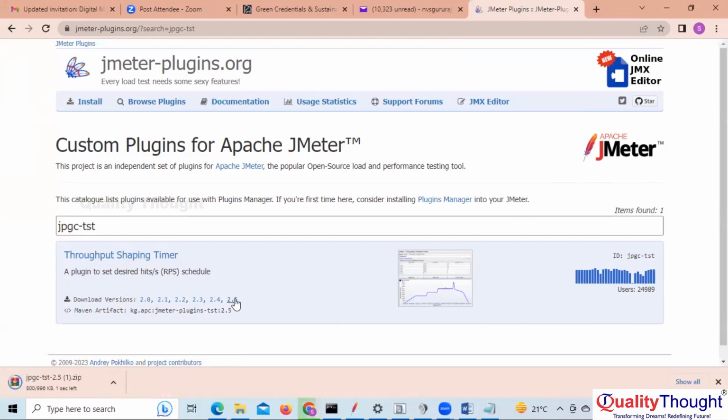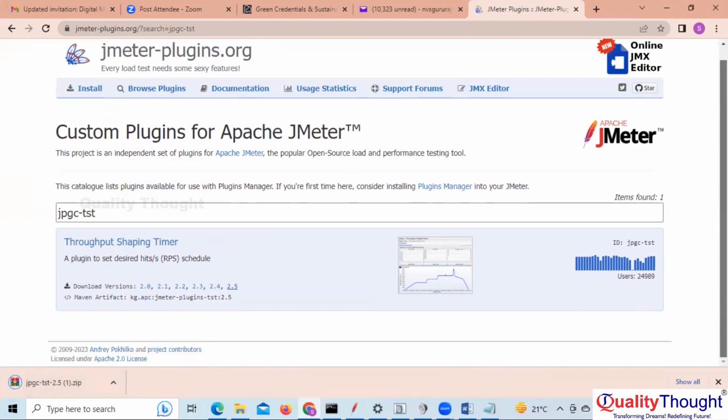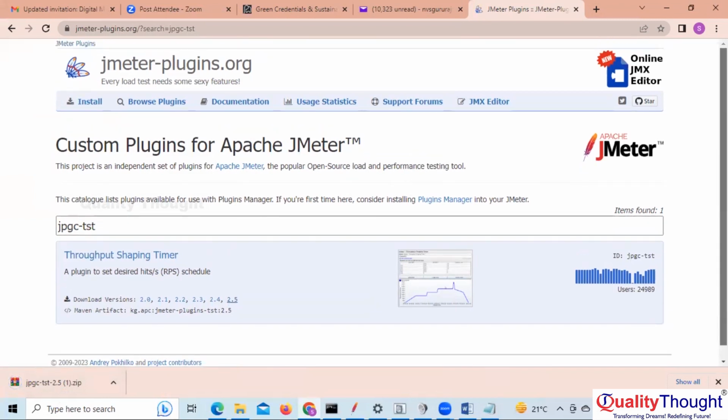So it is simple. You just need to download it. This particular plugin is the throughput shaping timer plugin. You will not get this by default, like how you got the precise throughput timer and constant throughput timer. These come by default in Jmeter, but the throughput shaping timer, you need to install.